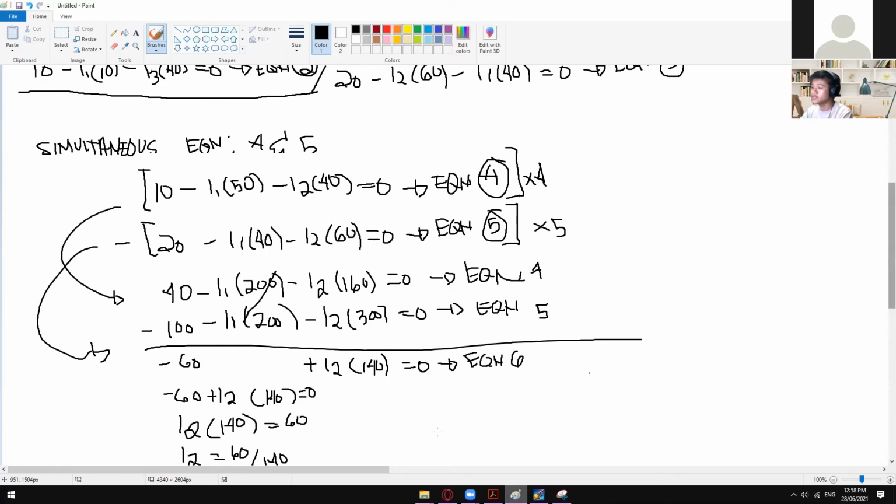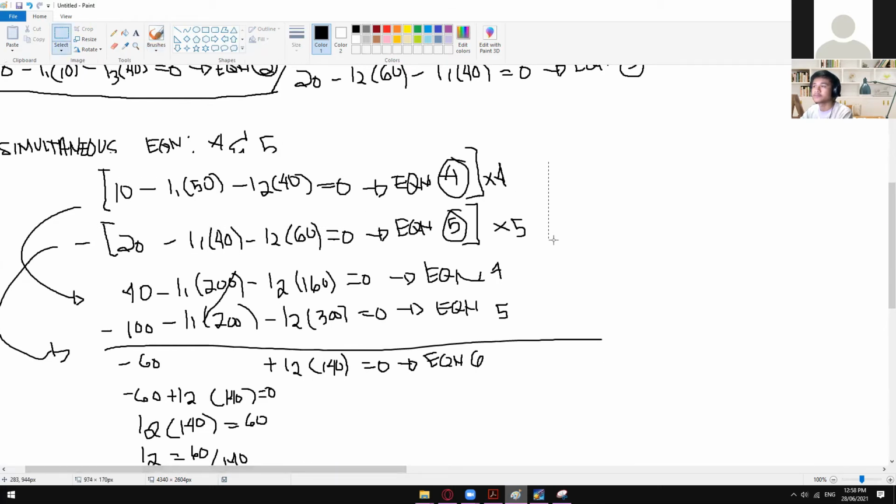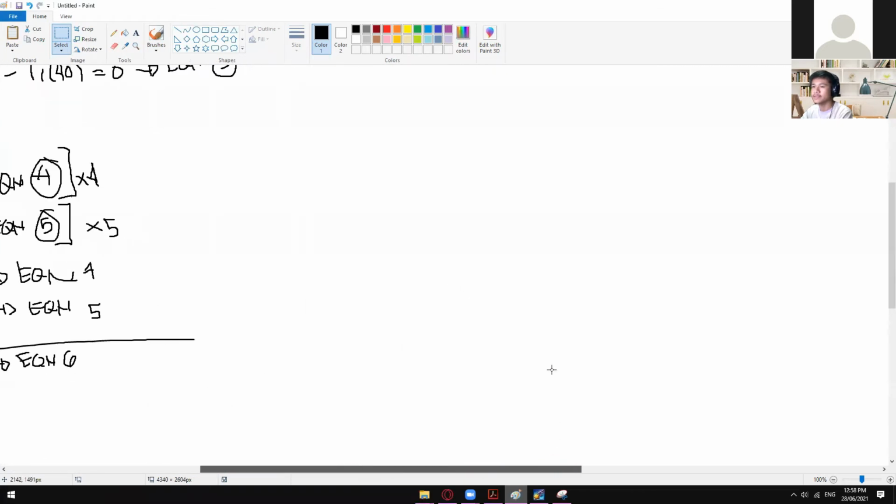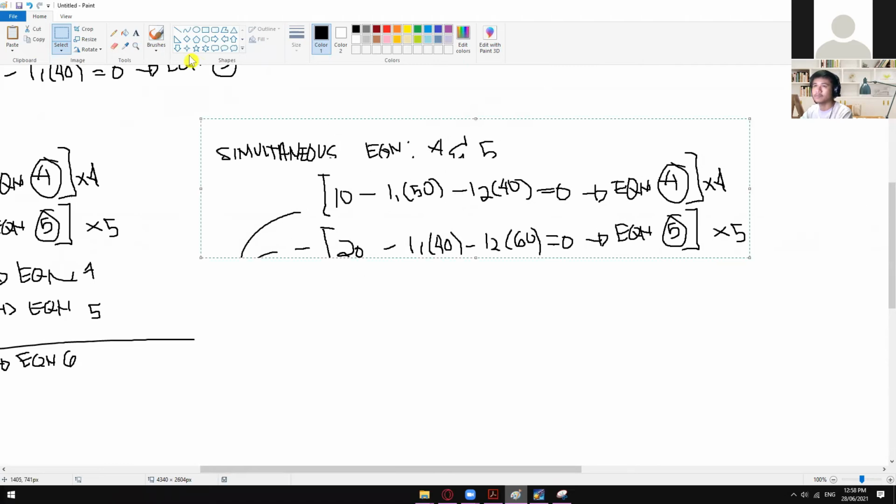So for the simultaneous equation for the 4 and 5, still 4 and 5, but in here we now have to eliminate the I2 for us to be able to get the value of I1. So in here, this will become times 3, and then the equation number 5 will become times 2.